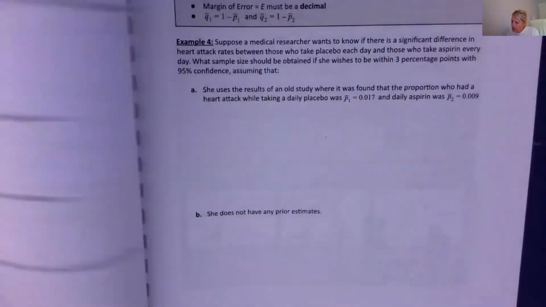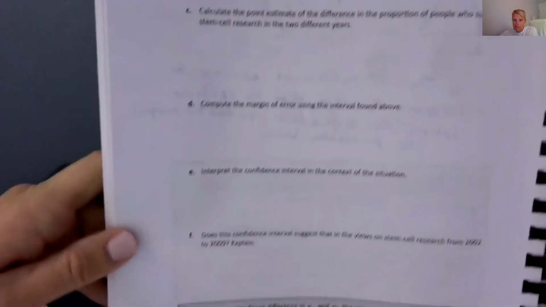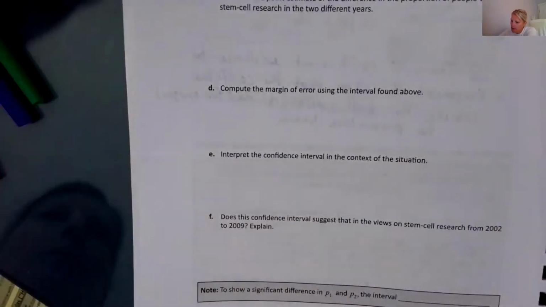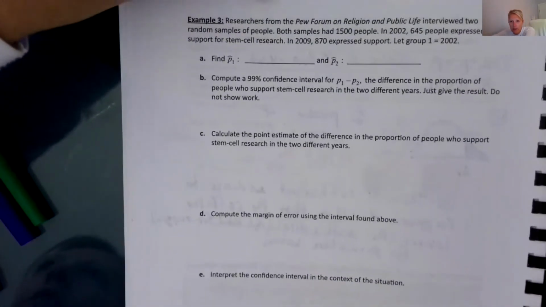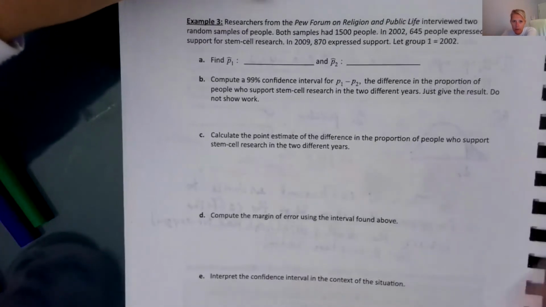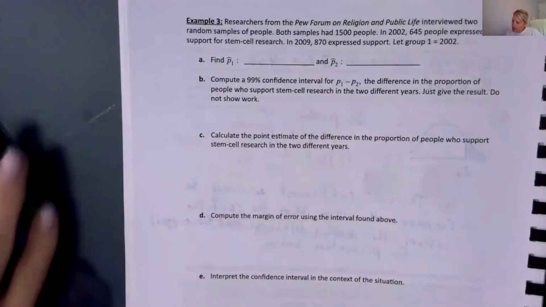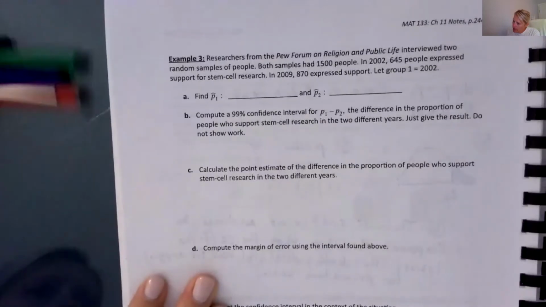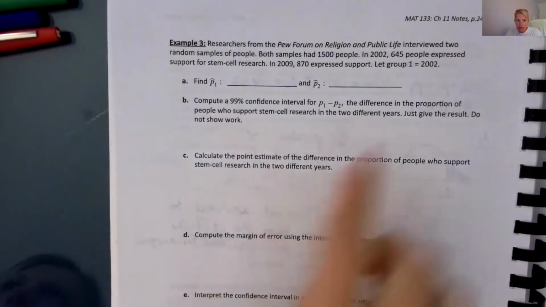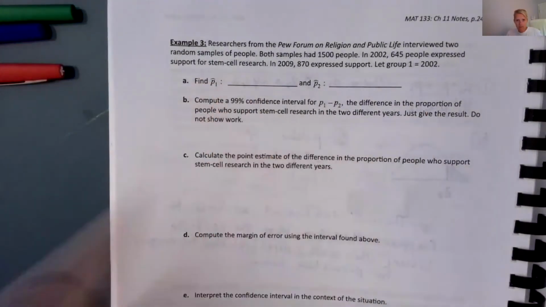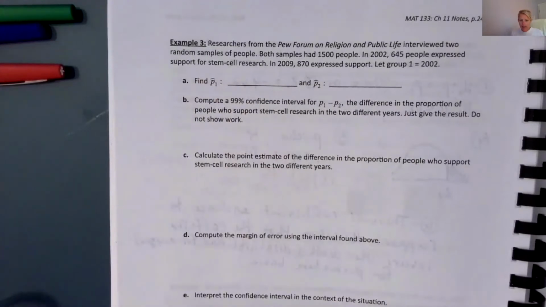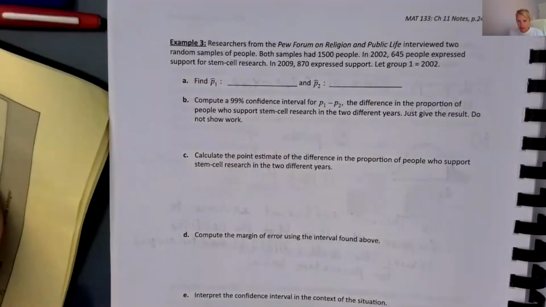So let's turn to page 244. So 244 says, researchers from the Pew Forum on Religion and Public Life interviewed 2 random samples of people. Both samples had 1,500 people. In 2002, 645 people expressed support for stem cell research. In 2009, 870 people expressed support.